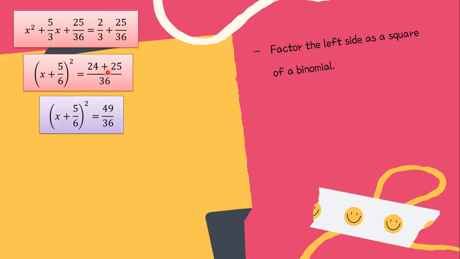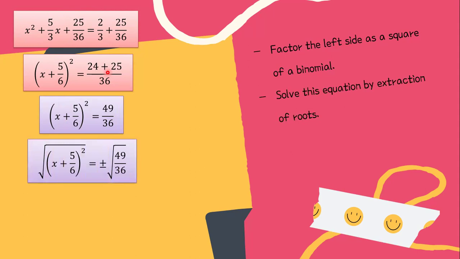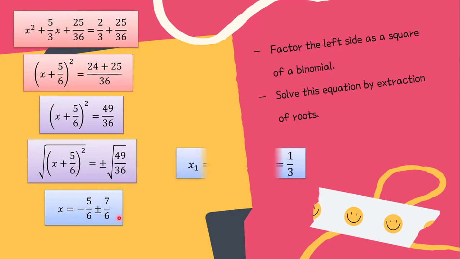Now we solve this equation by extraction of roots. So we now get the roots of x plus 5 over 6 squared equals 49 over 36. Get the roots. So that is x plus 5 over 6 is equal to positive, negative 7 over 6. So bakit naging ganito? Because we already transpose yung 5 over 6 to the other side. So we solve.